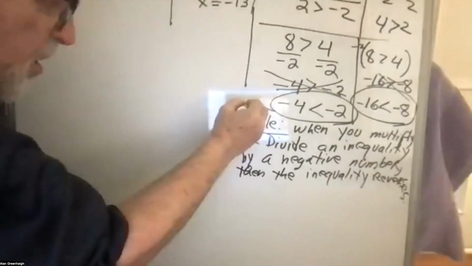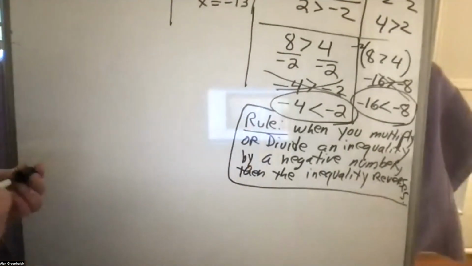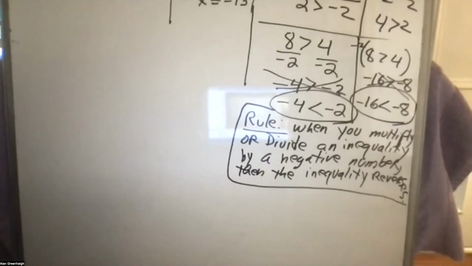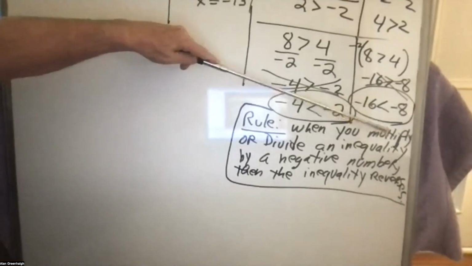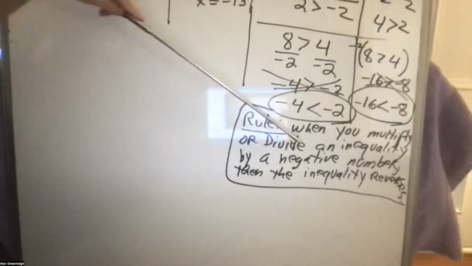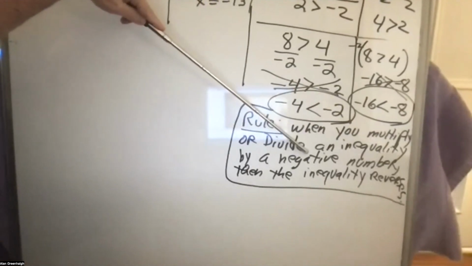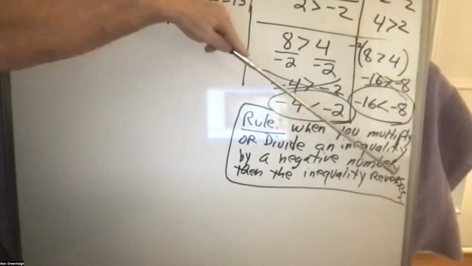This is of utmost importance. Put stars on it. You know, whatever you do when you indicate something is really, really important. When you multiply or divide an inequality by a negative number, then the inequality reverses.